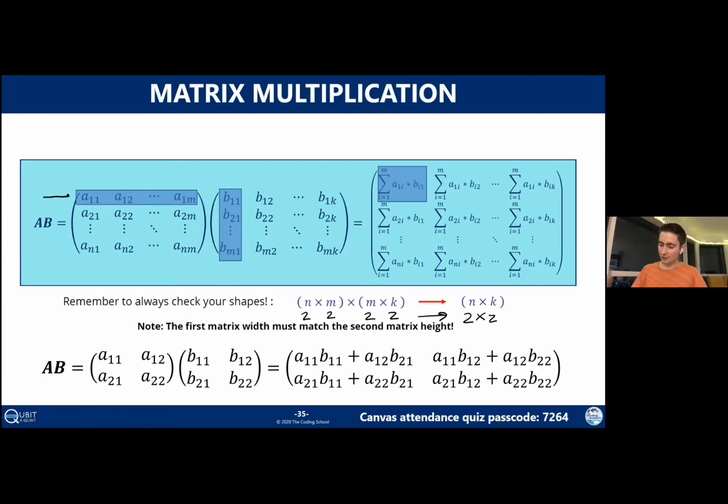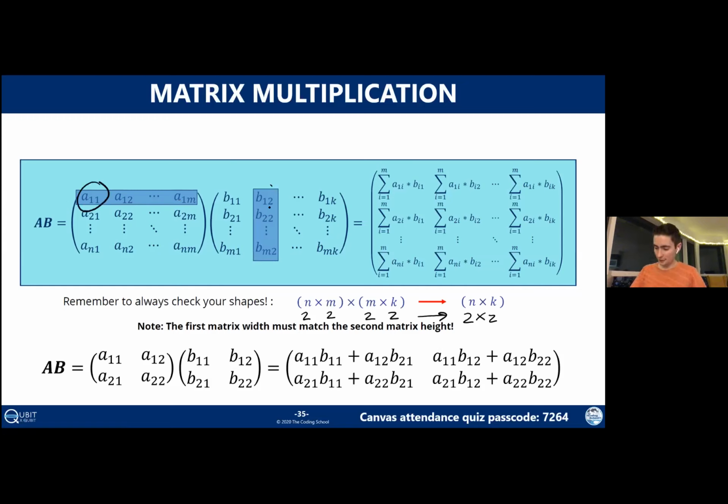Notice when I did the first row and the first column, that gave me the element in the first row and first column of my resulting matrix. Now you just continue. So we move on to the second column of the second matrix, still just using the first row of the first matrix. You do the same trick.